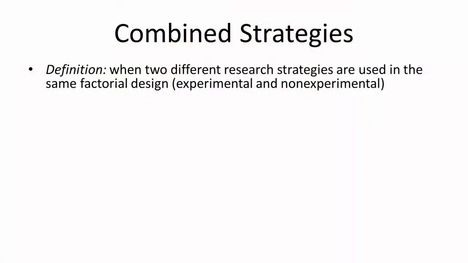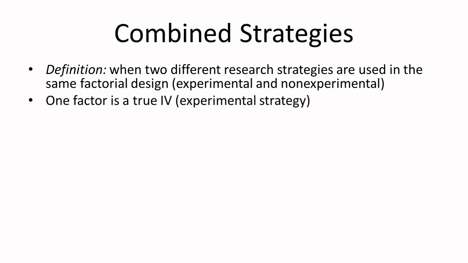A lot of researchers are interested in quasi or non-experimental kinds of variables. So if you want to combine experimental with non-experimental or quasi-experimental, what you're going to be doing now is something we call a combined strategy. So this is when you have these two very different research strategies used in the same factorial design.